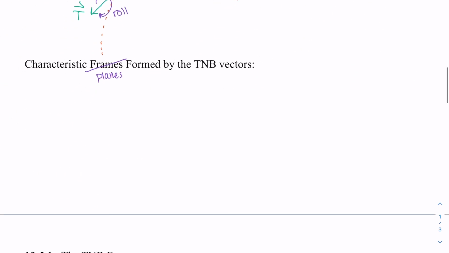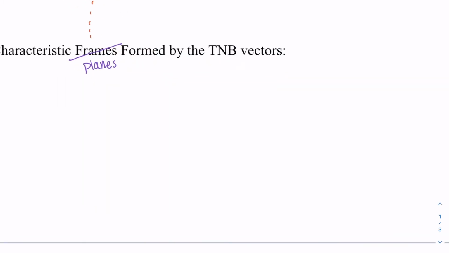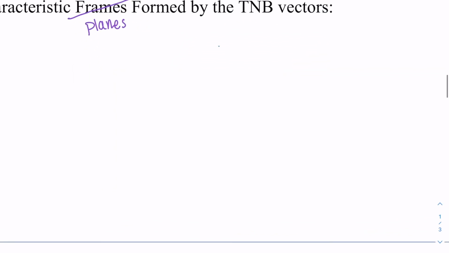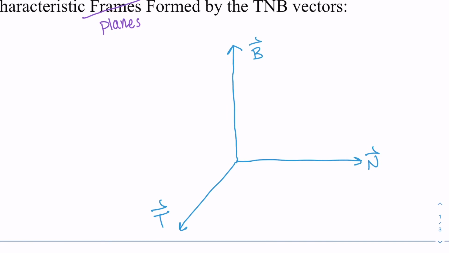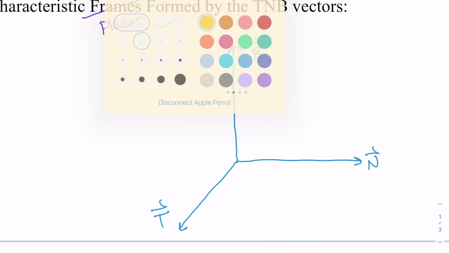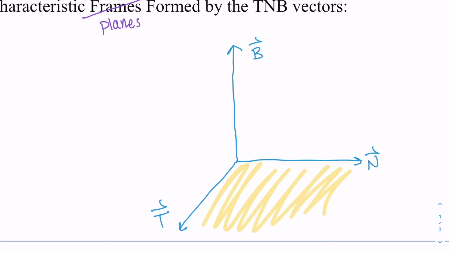Similarly, on the TNB frame, there are three planes as well. So let me write those here. So here are three unit vectors, T, N, and B. Then this plane formed down here by the T and N vectors, I'll draw that in yellow. So this plane is called the osculating plane.